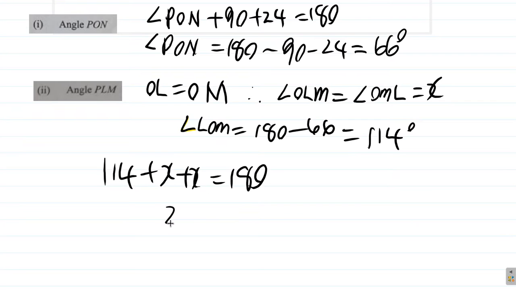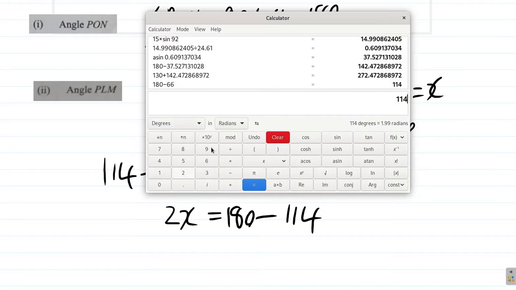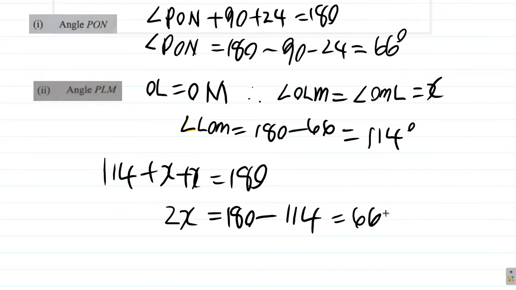X plus X is 2X, so we say 2X equals 180 minus 114. So we have 180 minus 114. 180 minus that is 66 degrees. So divide both sides by 2, you get X equals 66 over 2, which is 33 degrees.